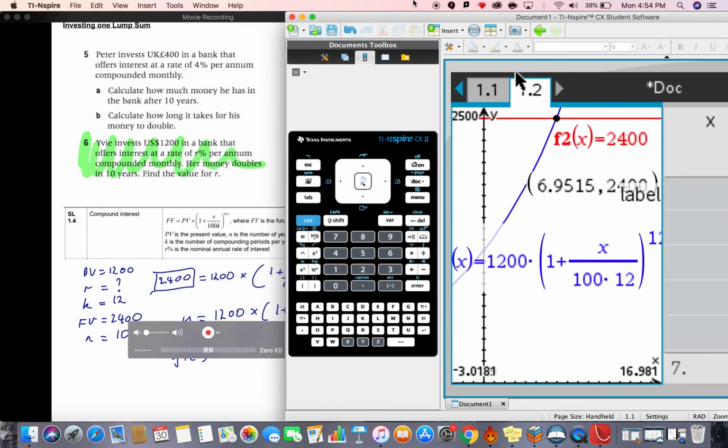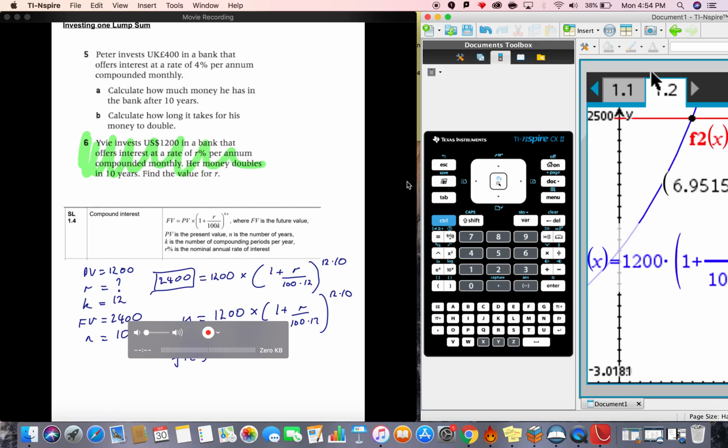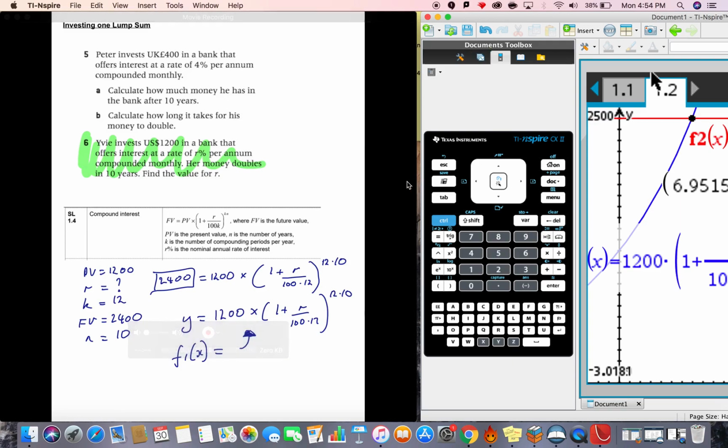So it's a way around using n-solve, because n-solve doesn't seem to work for this particular question. To recap, f1 of x is equal to 1200 times 1 plus x over 100 times 12, to the power of 120.